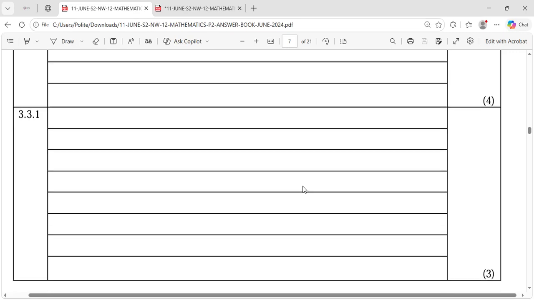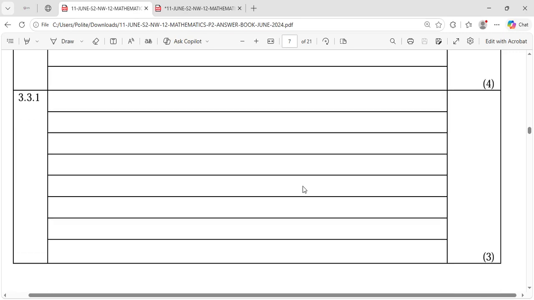First things first, what are you given? That's what you need to ask yourself. What are you given and what do they want you to do to solve? I'm just going to first focus on tan A is equal to 4 over 3.